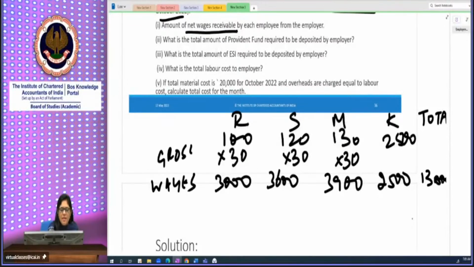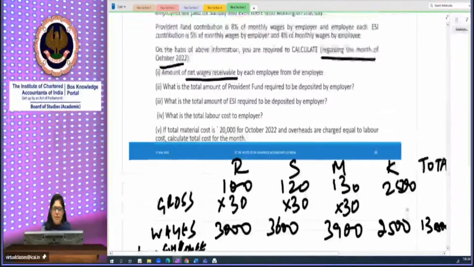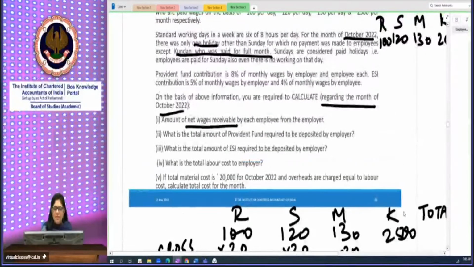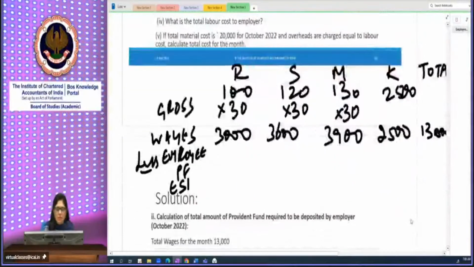Then to calculate the earnings, we have to deduct the employee contribution. As I told you in the last class, provident fund and ESI. The employee provident fund is 8% and the employee ESI is 4%.